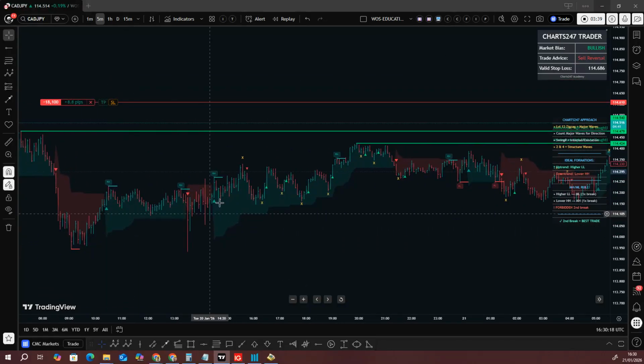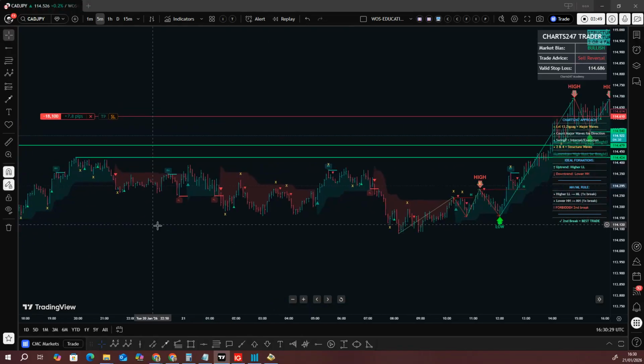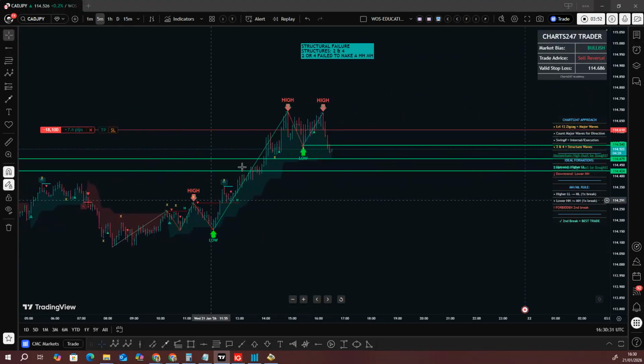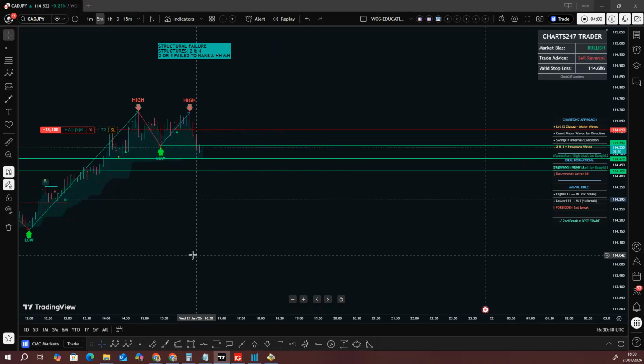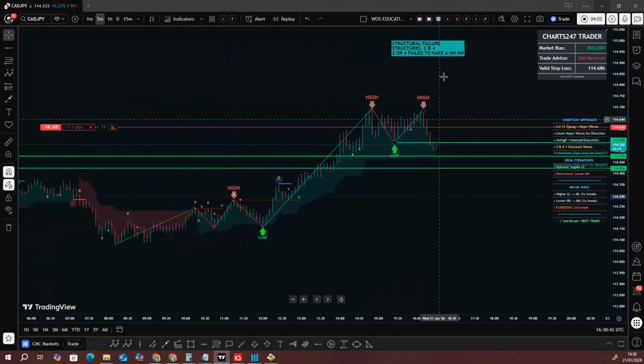Then inside here, 1, 2, 3, 4, and 5. That completed the wave. Then the pullback. Then we now have another structural failure today. I'm not saying this thing is going to capitulate and start coming all the way down, but what we have is information.